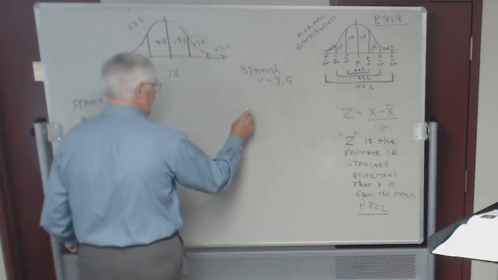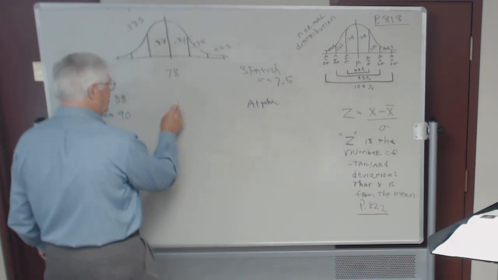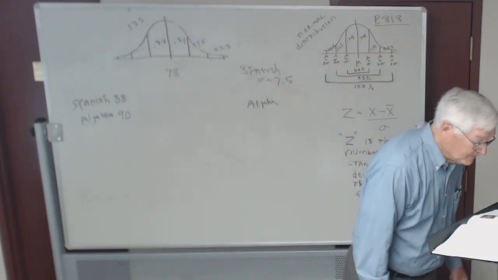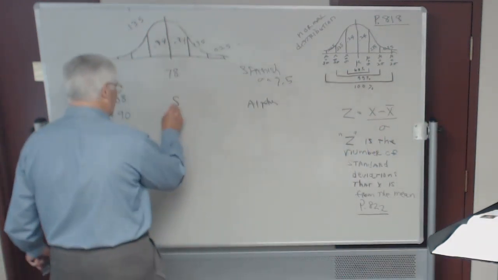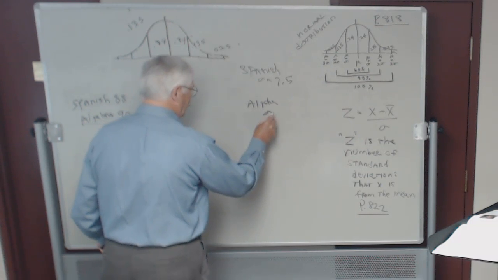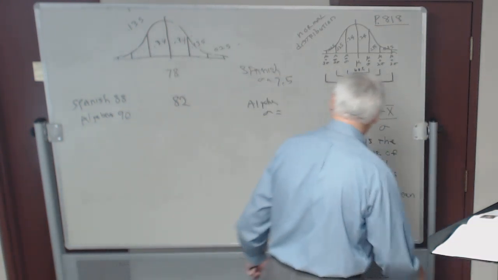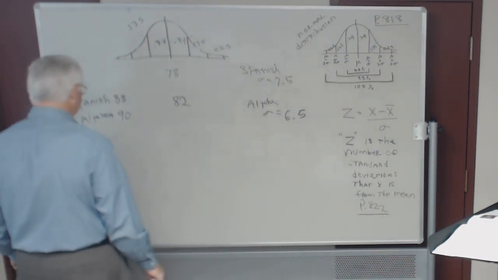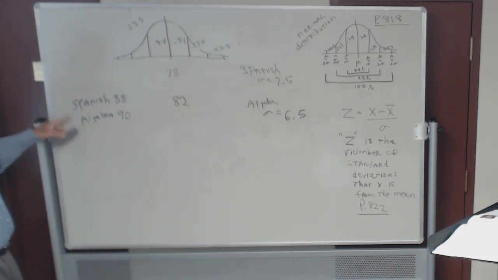And for algebra, the mean was 82 and the standard deviation was 6.5.